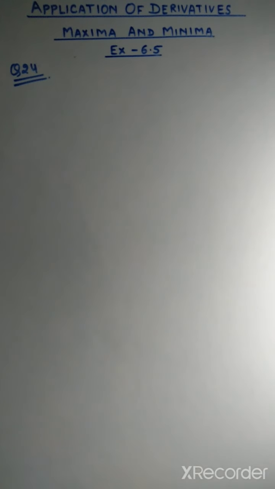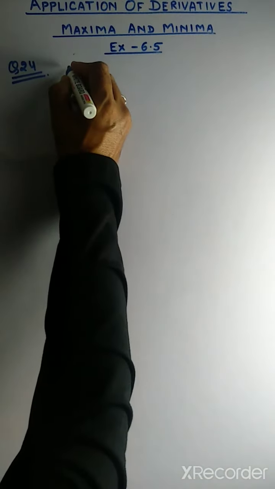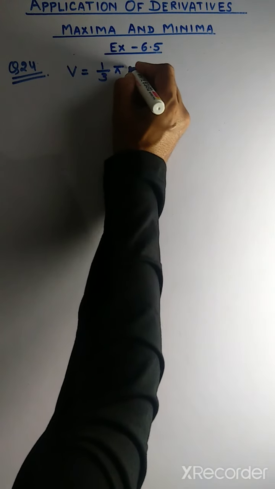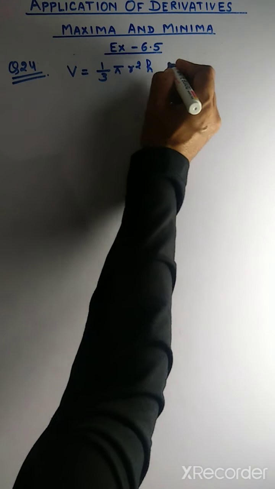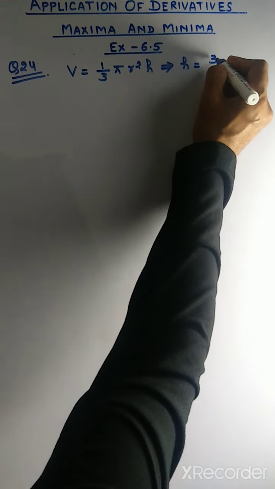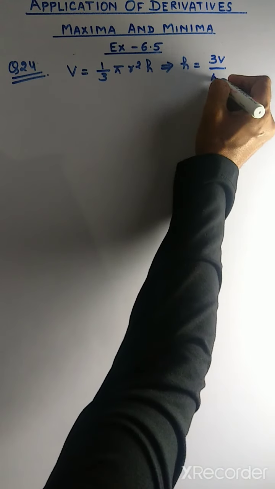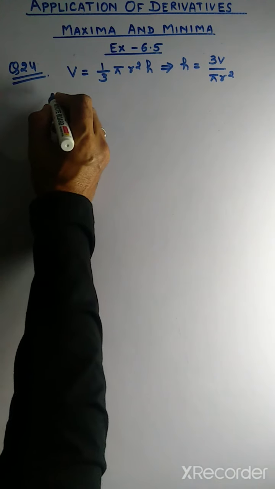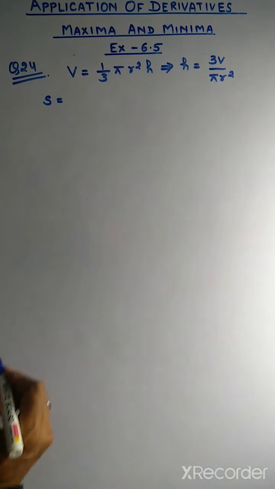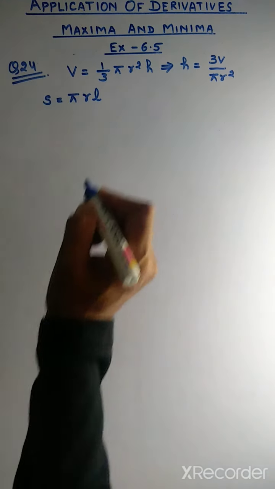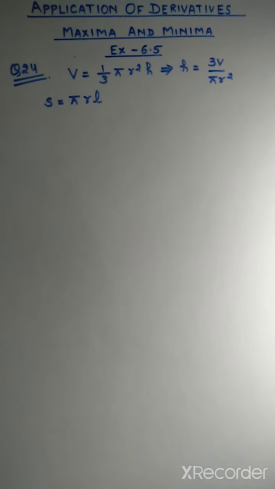So the volume of the cone is 1 by 3 pi r square h, which implies that h will be equal to 3v upon pi r square. For the least curved surface, the surface area of the cone is pi r l, where l is the slant height.